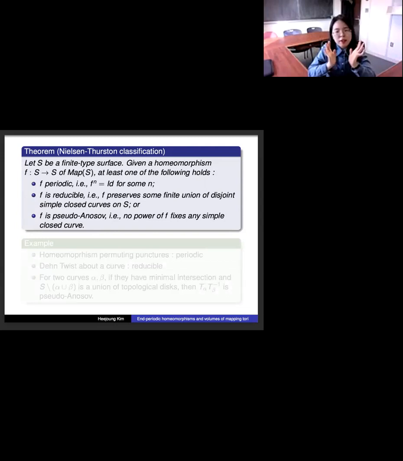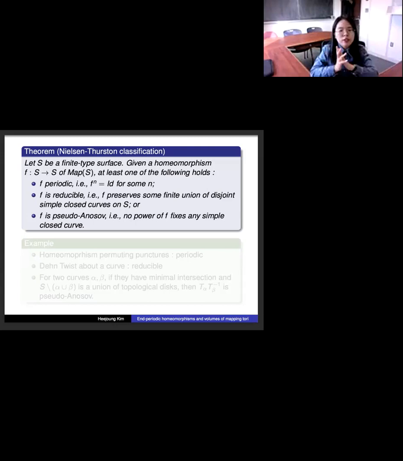F is either periodic, meaning some power of F is isotopic to the identity, or F is reducible, which means F preserves some finite union of disjoint simple closed curves. And the last case, F is pseudo-Anosov, meaning no power of F fixes any simple closed curve. So in other words, F is neither periodic nor reducible.